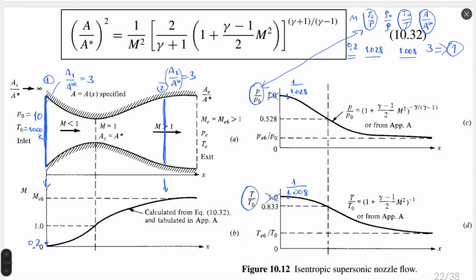So I calculate already subsonic part. Now I would like to calculate supersonic part. I will go to second half of Appendix A, which shows supersonic flow conditions, and I also will search for area ratio equal 3.